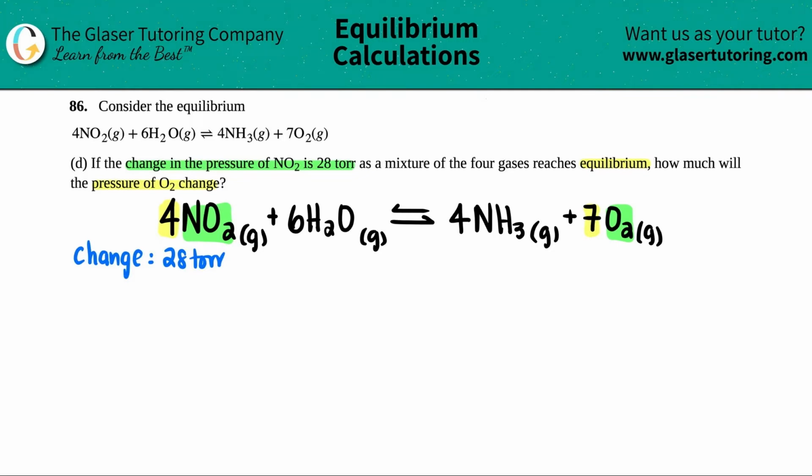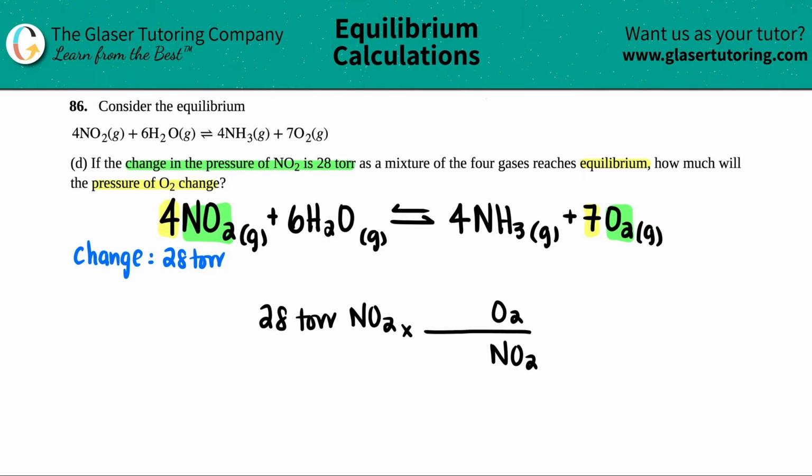So if I just say that I have 28 torr, and this is corresponding with NO2, I could just times by a ratio in which I put the NO2 on the bottom, and I put the one that I'm looking for, O2, on the top.